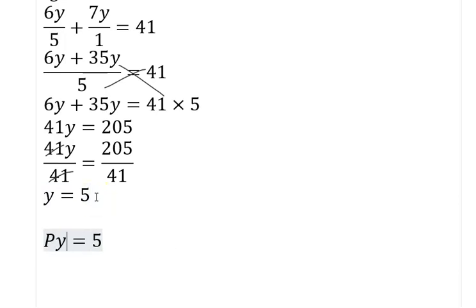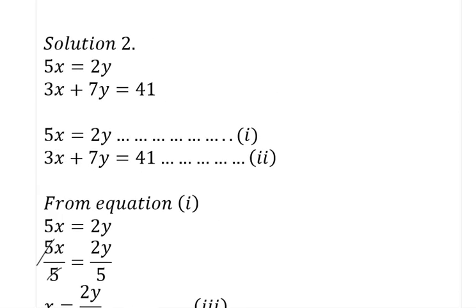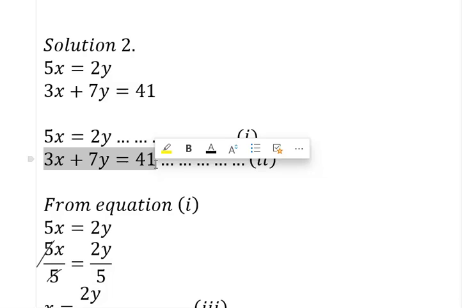So let's put y equals 5 in any of those equations. Let's say in equation 2. Awesome. So let's get our equation 2. Okay, this is our equation 2. Beautiful.